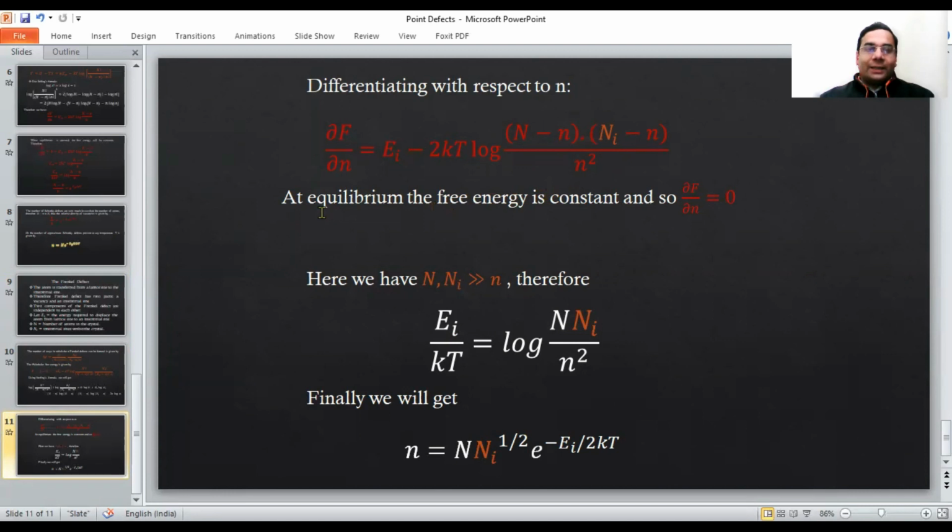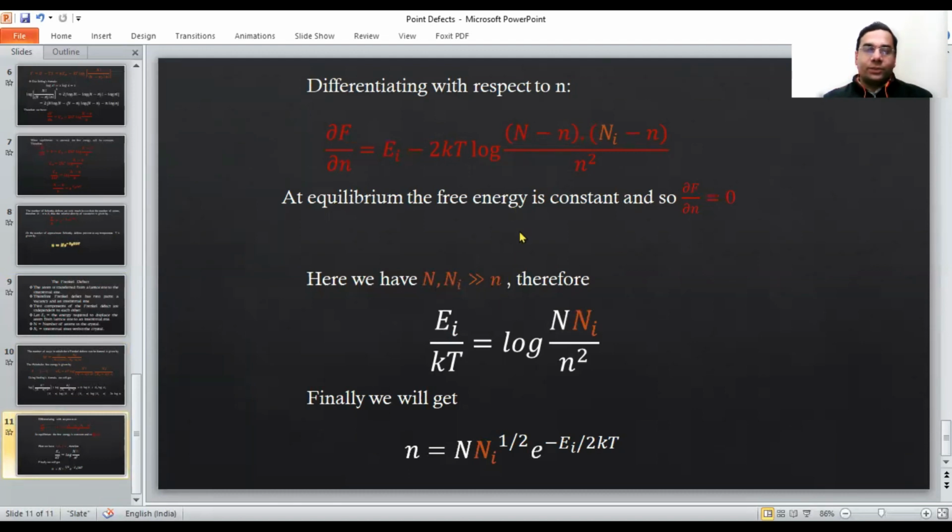As we know that at the equilibrium the free energy is constant, and so ∂F/∂n is equal to 0. Now again here N and Ni are much greater than n, so we can put N minus n approximately equal to N, and Ni minus n approximately equal to Ni.